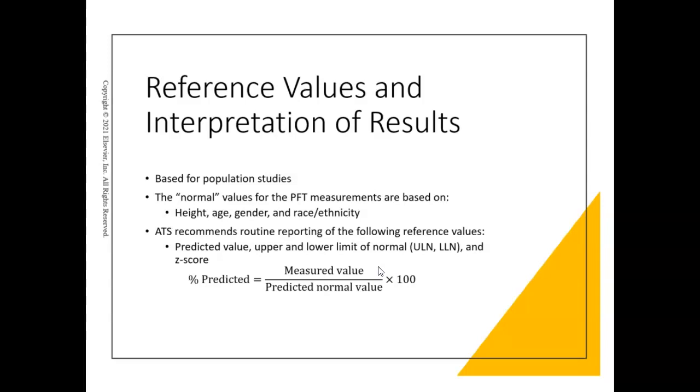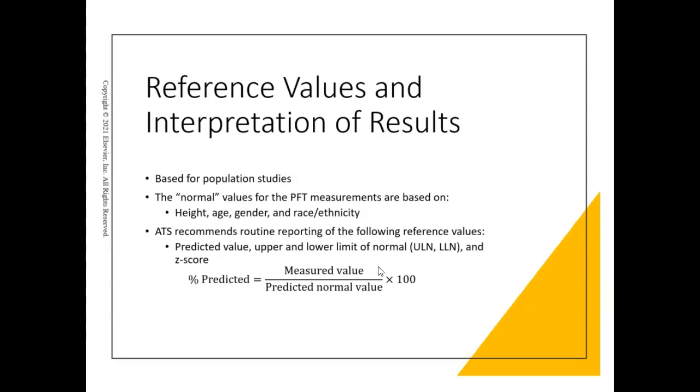The Z-score is used to show deviations from that predicted value. So a Z-score of 1 would indicate the test was within 1 standard deviation of the predicted value. We remember standard deviations from before.